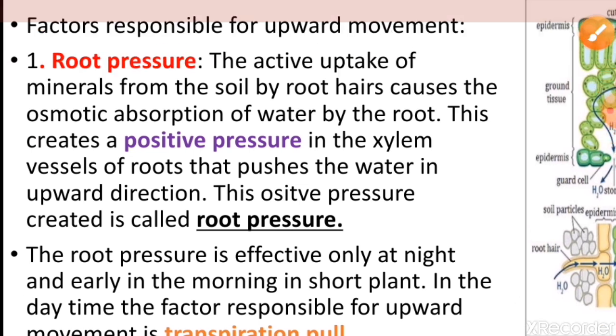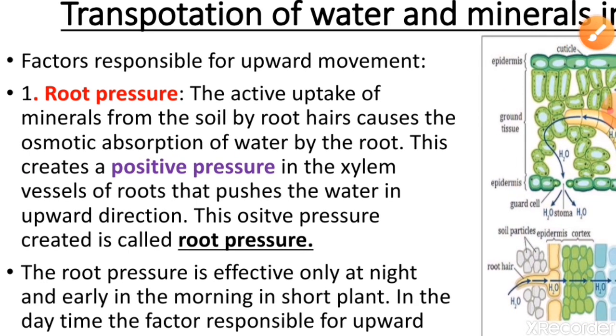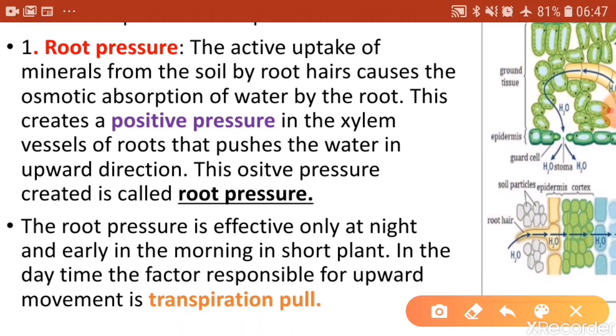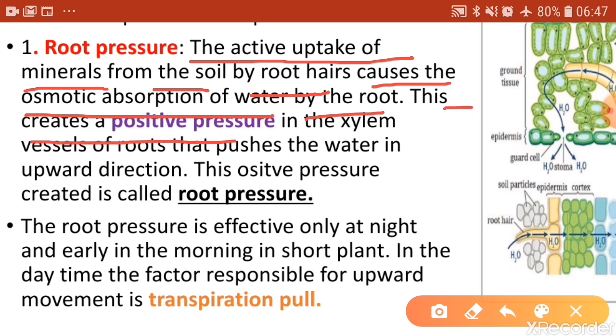So just have a look at this description which is given over here. Root pressure is described. It is the active uptake of minerals from the soil by the roots causes the osmotic absorption of water by the roots. This creates a positive pressure in the xylem vessels of roots that pushes the water in the upward direction.